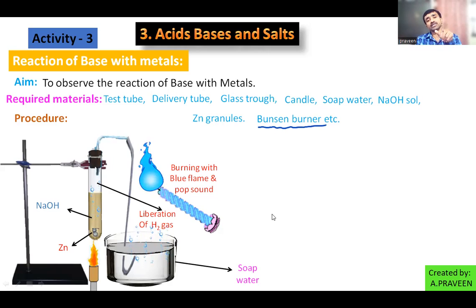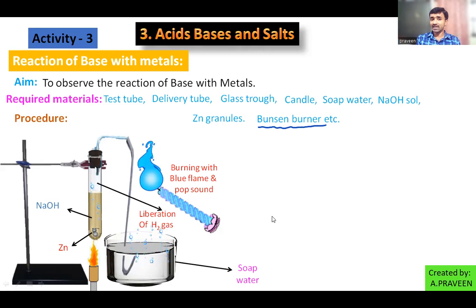The gas passes into the soap solution through the delivery tube. Then I brought a candle. We know the candle flame is orange or reddish orange; it changed into a bluish color because of the liberation of gas, which is identified as hydrogen gas.